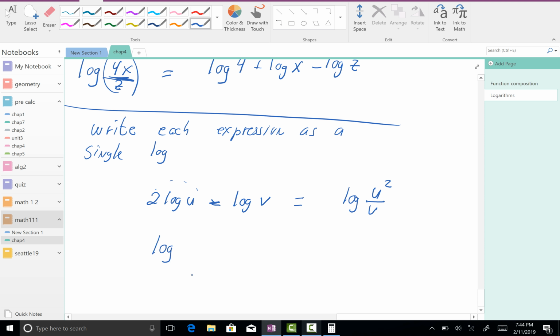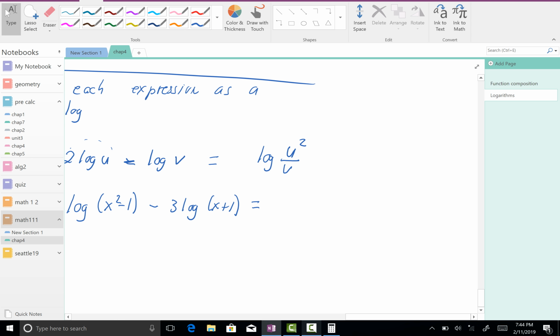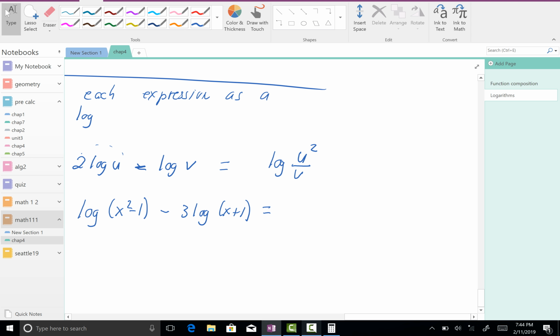They even put some expressions in here, something like this. And the bases don't matter. You can put any base you want, as long as they're the same. Let's see what this one's going to be. We know we're going to have a log. We have a minus, so what does that mean we're going to do? Divide. What are we dividing?